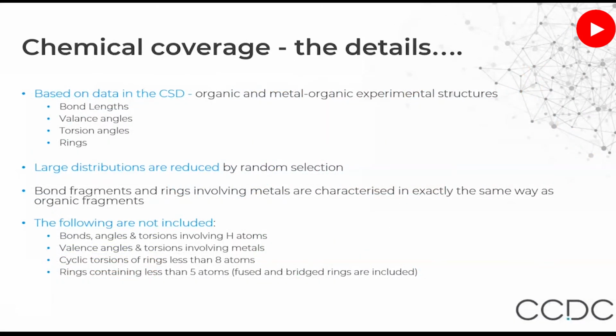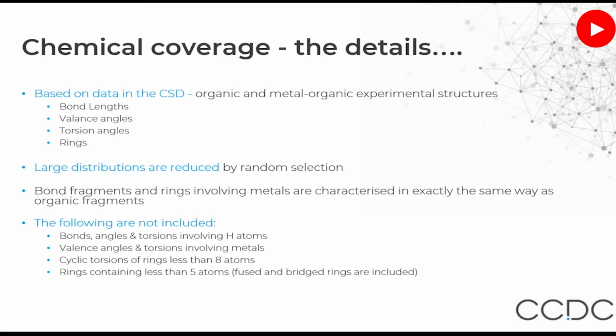Firstly, Mogul libraries are created from data in the CSD, so organic and metal organic experimental structures. The Mogul knowledge base contains data on bond lengths, valence angles, torsion angles, and rings. Then some more of the details. Large distributions are reduced by random selection.